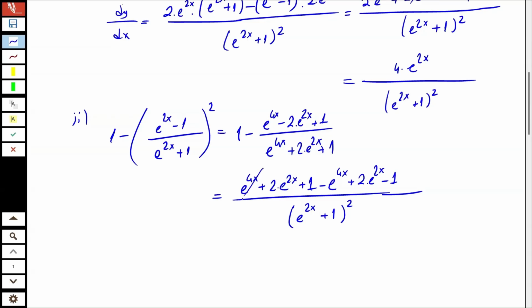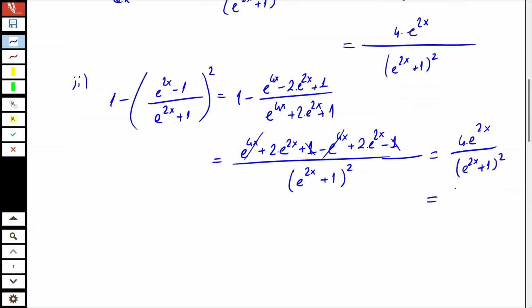So these cancel each other, and the 1 also. So it equals 4 times a to the power of 2 times x divided by a to the power of 2 times x plus 1 squared. That was the derivative of y.